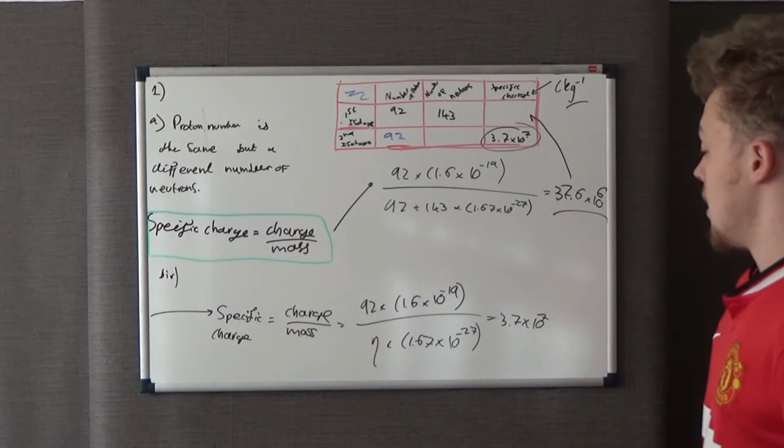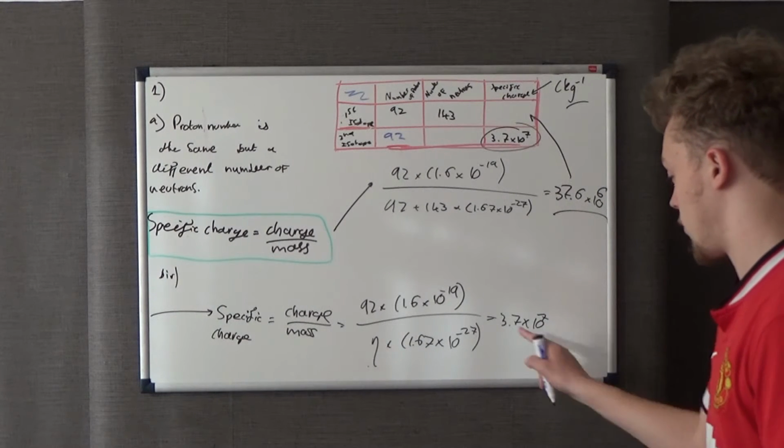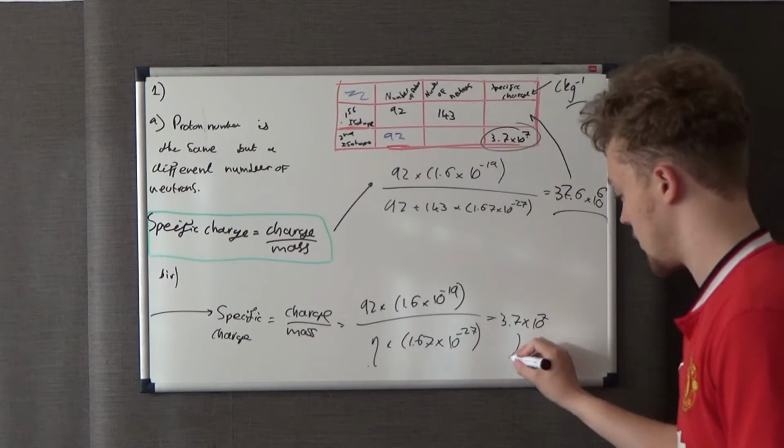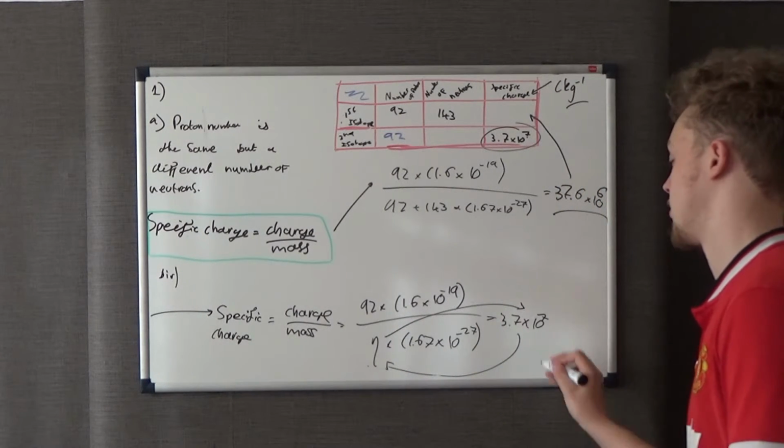Okay. So then again, it's just rearranging. You times both sides by n, divide both sides by 3.7 times 10 to the 7. In other words, you replace n with 3.7 times 10 to the 7, and vice versa.